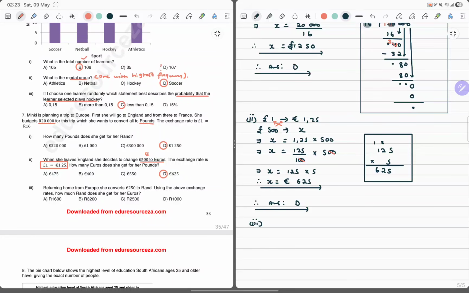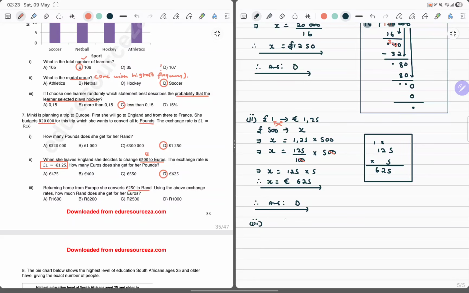Now, returning home from Europe, she converts 250 euros to rands. Using the above exchange rates, how much rand does she get for her euros? Right. So now this one, we're comparing 3 ratios of some sort.